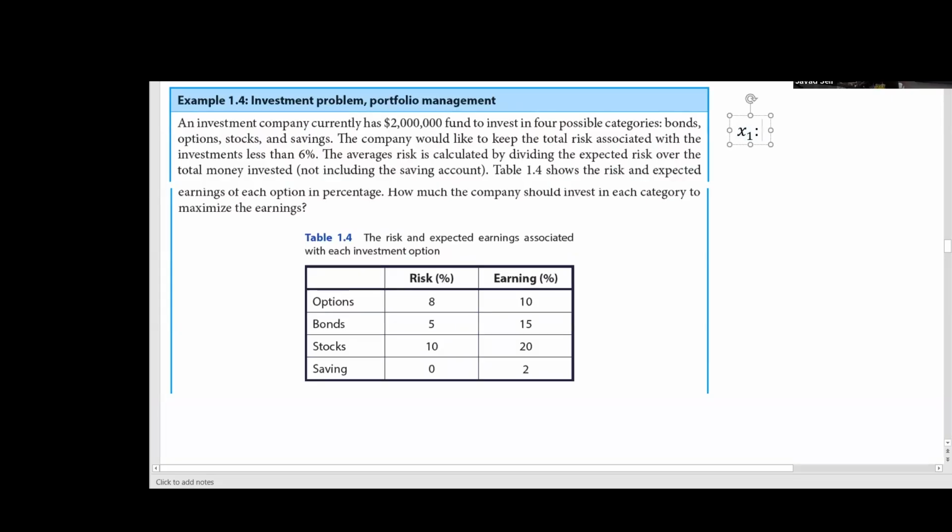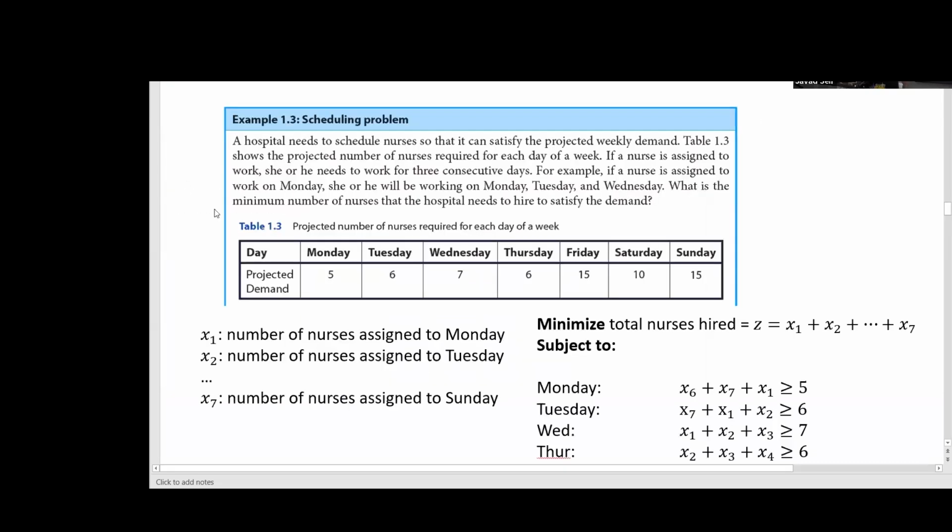X1 is what though? What is the meaning of X1? The meaning of X1 before was the number of nurses hired to start on Monday.